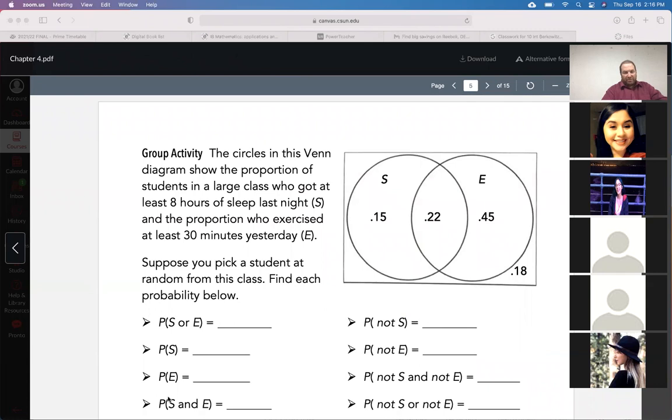The probability of S and E. How likely is it that someone that we picked was in both S and E? 0.22. There's a 22% chance that the random person that we pick falls in that overlap. That's the easiest one, I think. Now let's do P of S. What is the likelihood that somebody falls in the S circle?